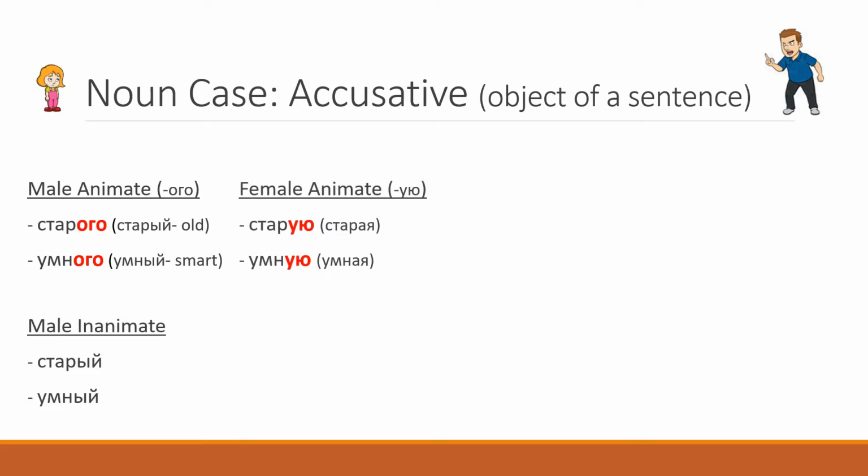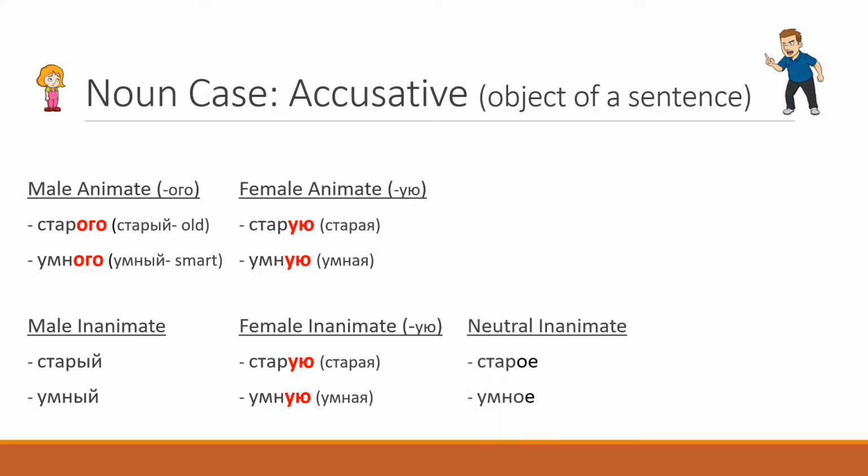For female, the ending is uyu. So stare becomes staruyu. Umne becomes umnuyu. And it is the same with inanimate objects, okay? So female objects, they always have the uyu ending.